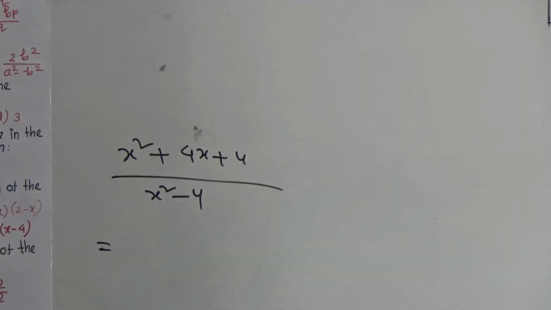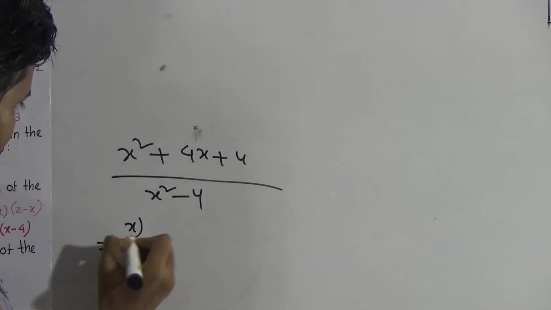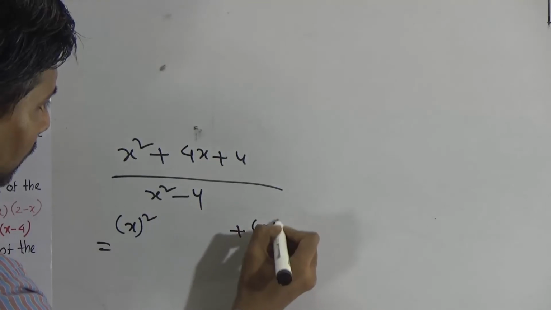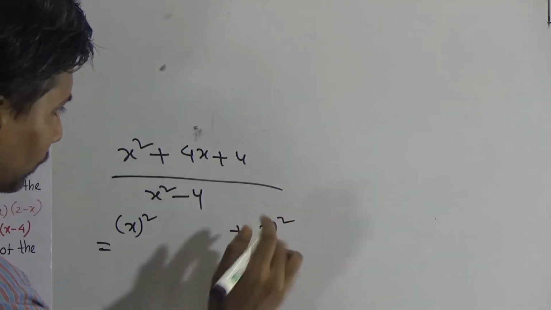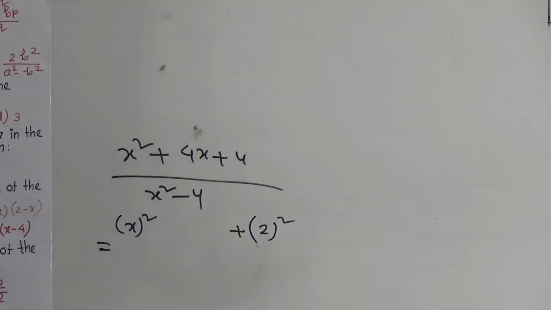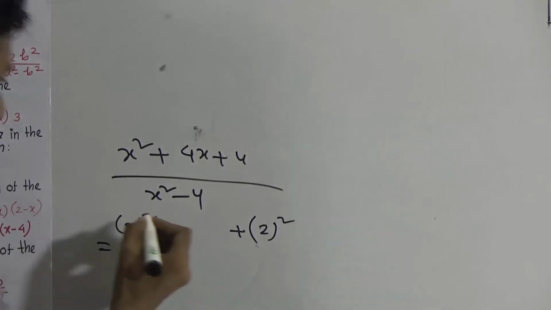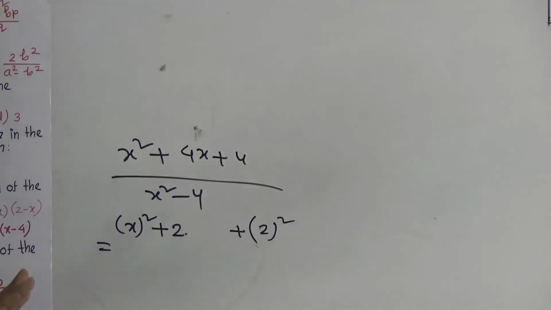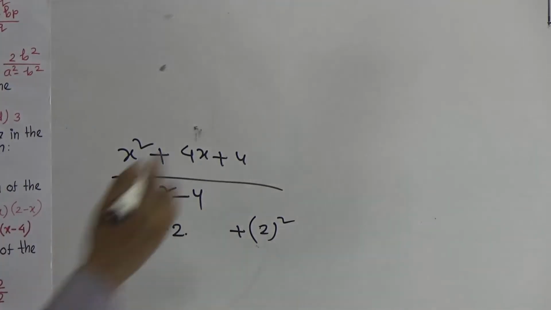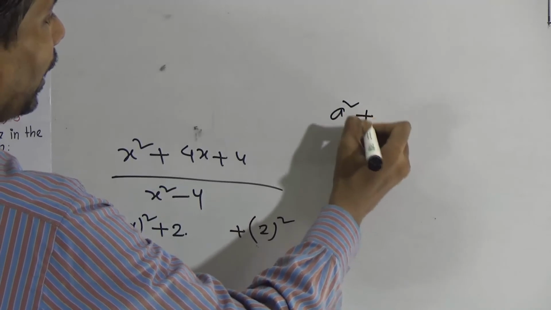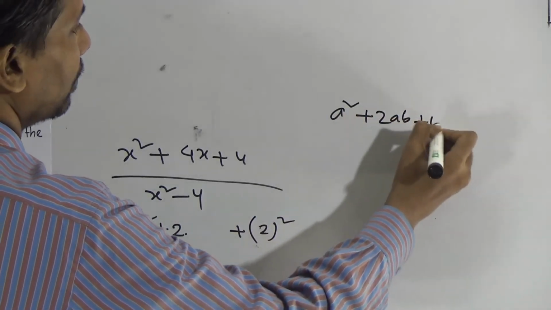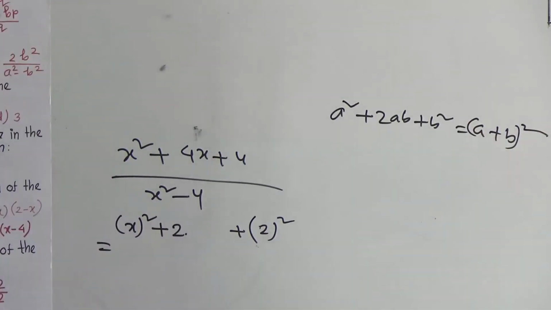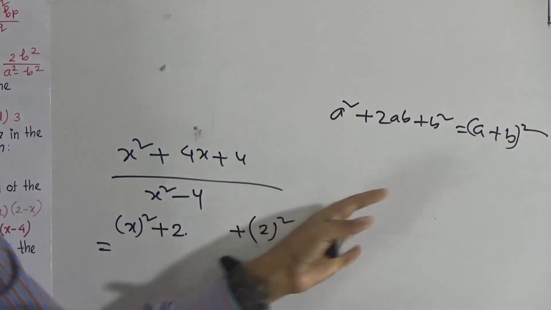Compare with the formula a square plus twice ab plus b square equals a plus b whole square.